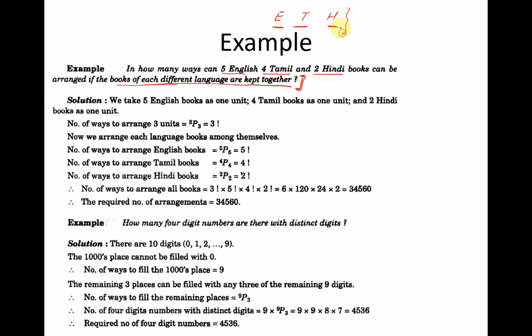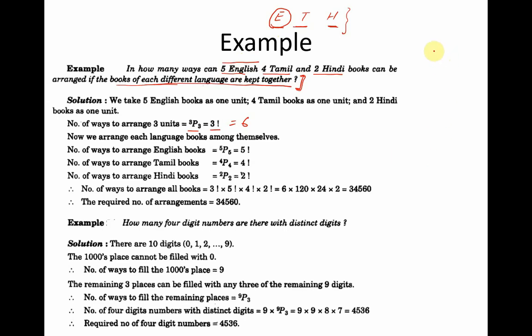So the number of ways I can arrange these 3 units on the shelf is 3P3 or 3 factorial. So that is 6. Now this unit E has 5 books. Now these 5 books can also be arranged within this particular unit in 5 factorial different ways.